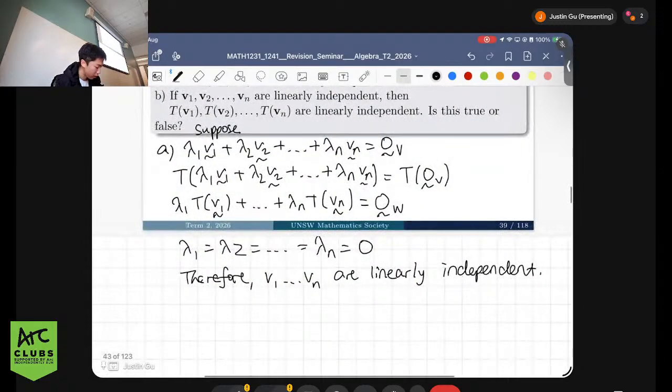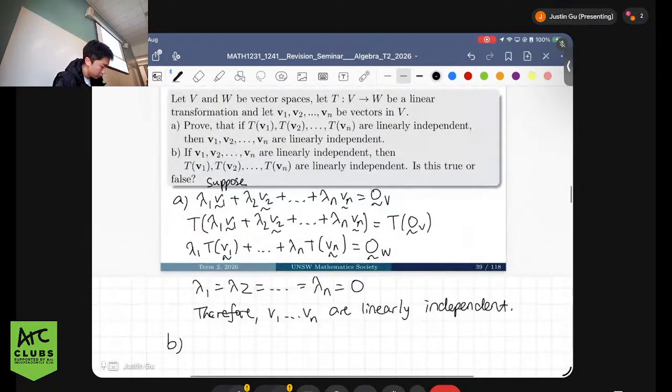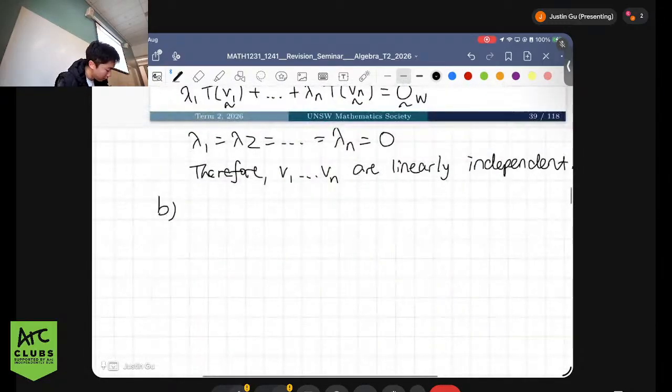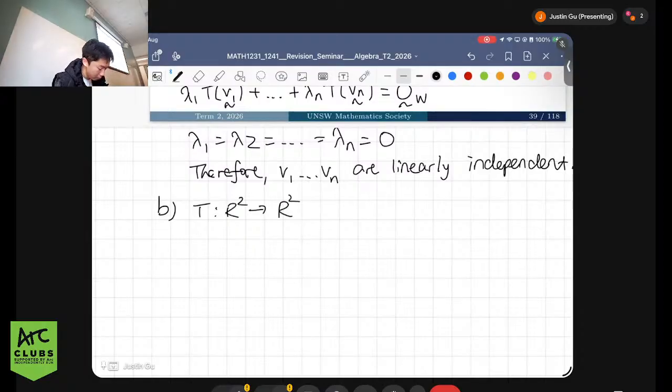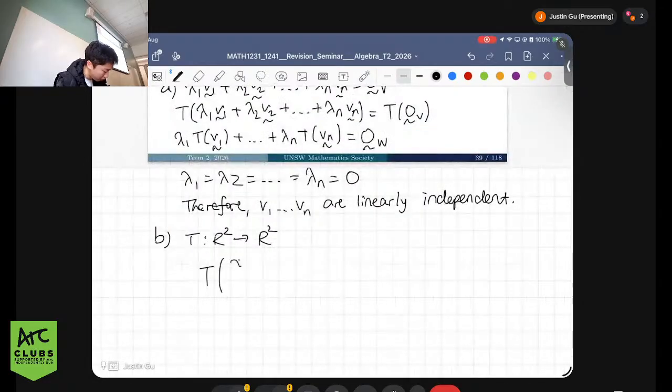Okay, and then for part B, we want to prove the converse. So we're just going to consider a counterexample. If we have T going from R squared to R squared, and then maybe we have the map T(x1, x2) gives us (x1 minus x2, 0).